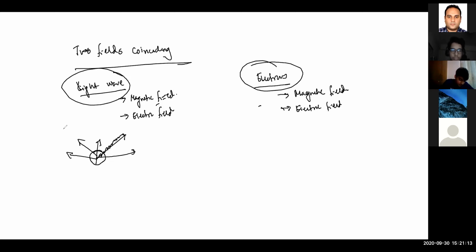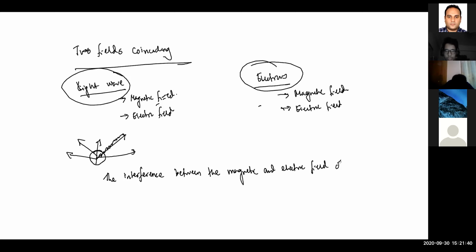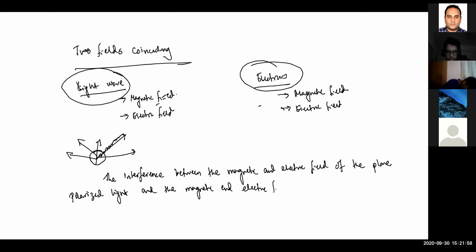So the interference between the magnetic and electric field of the plane polarized light and the magnetic and electric field of the electrons causes the rotation of the light.